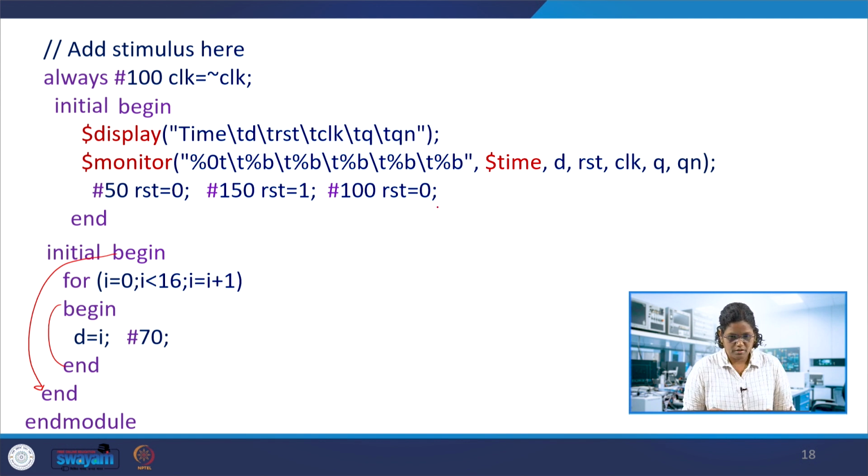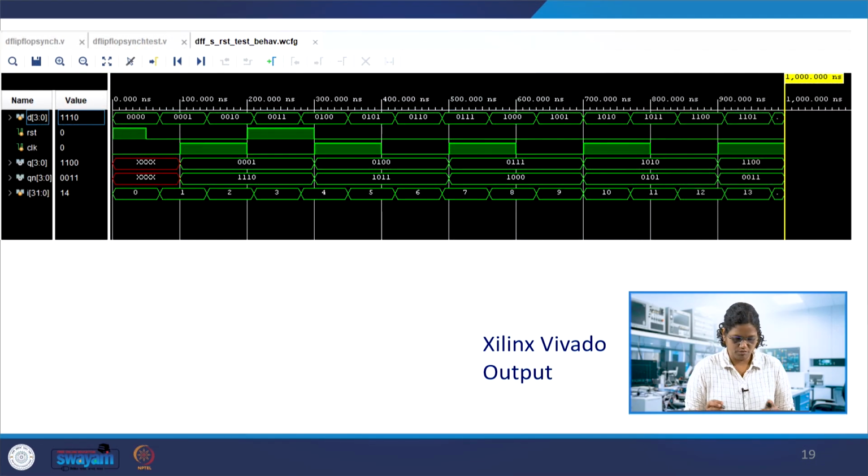So we see the output, which is the waveform viewer output here. Let's take the clock first. Here is the clock edge, here is the clock edge. And the data, initially the reset is 1, you can see here reset is 1.